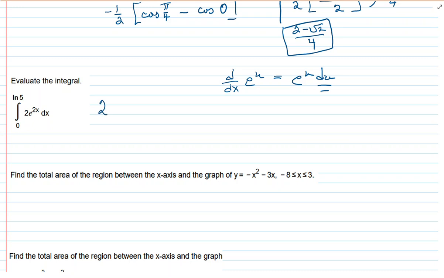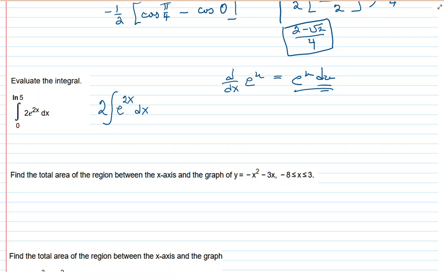So I'm going to have a 2 multiplier, and that gives me e to the 2x dx. Now remember, I'm going to have this as an output. Okay, so I should have had a 2 du, and I do.